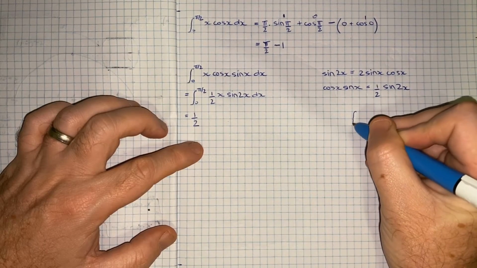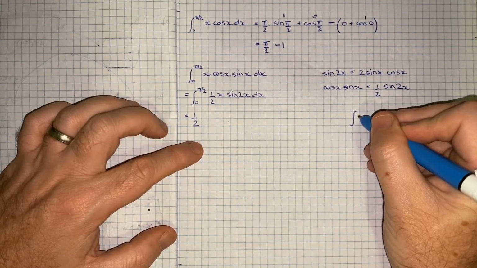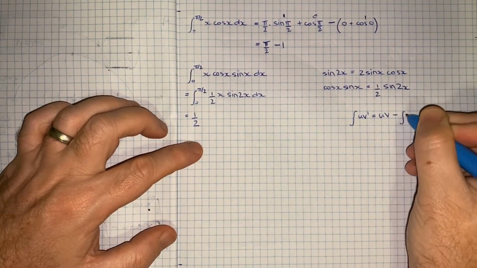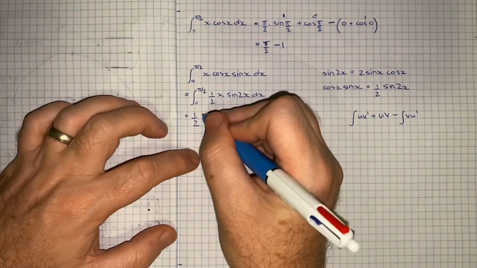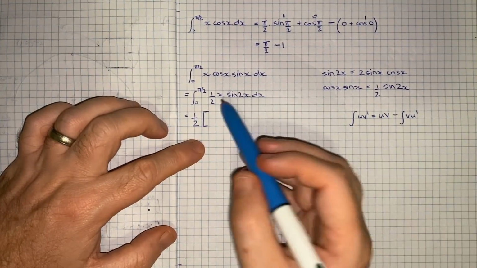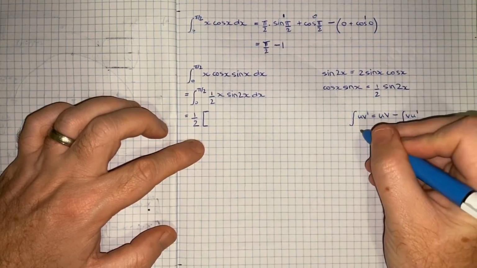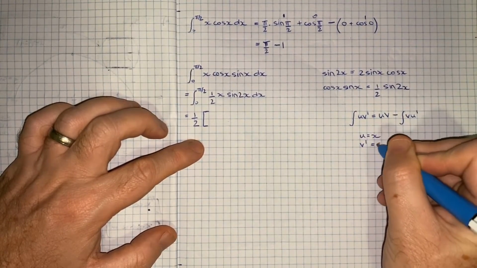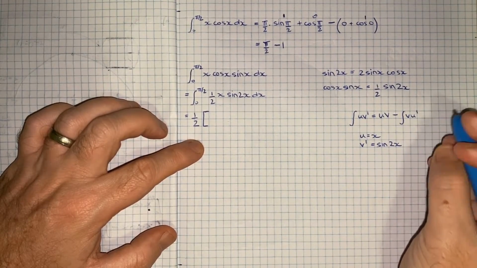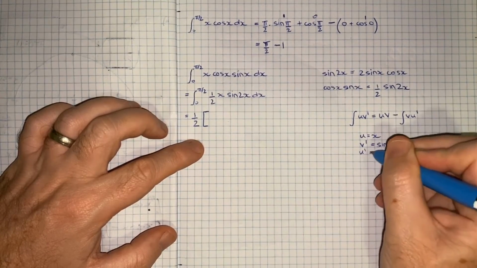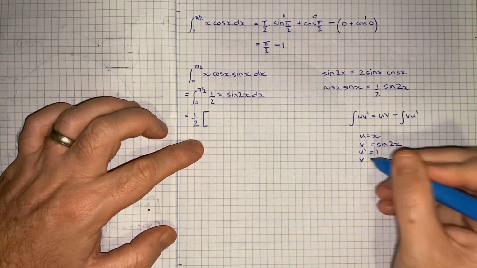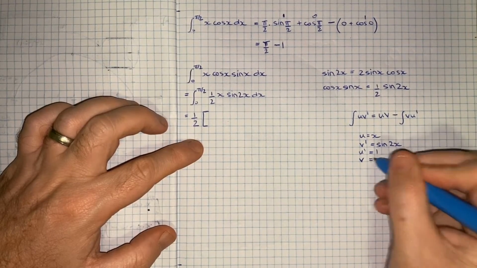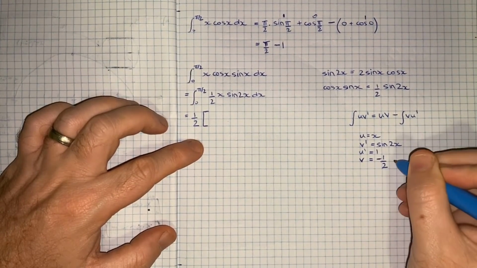So we'll have the integral of uv dash is equal to uv minus the integral of vu dash. So here, and I'll just get my brackets ready, we're just going to want, as before, u to be x and v dash to be sine 2x. So that means u dash will be equal to 1 and v will be negative a half of cos 2x.